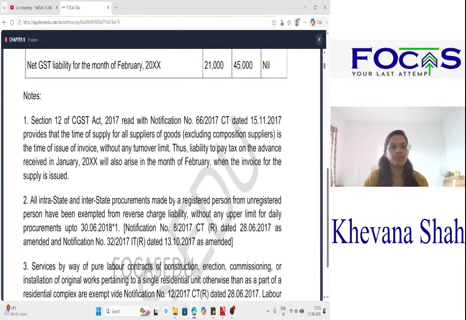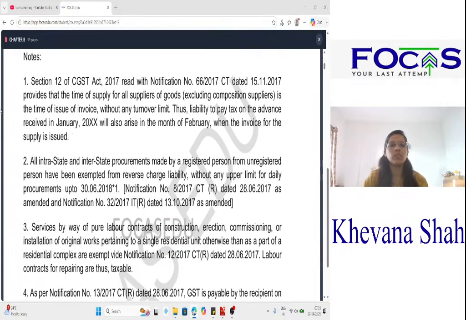Okay, we are given some notes. See what it says. Section 12 of CGST Act 2017 read with notification dated 15/11/2017 provides that the time of supply for all suppliers of goods excluding composition suppliers is the time of issue of invoice without any turnover limit.